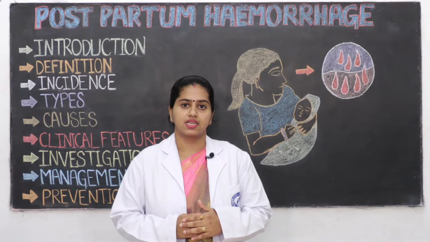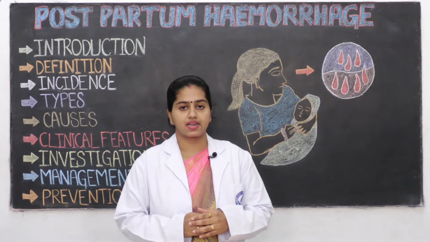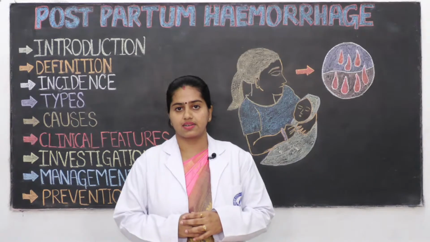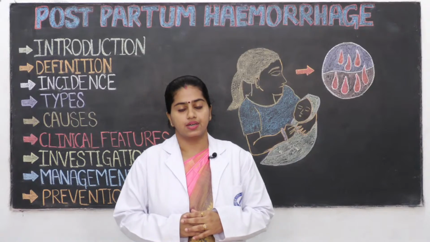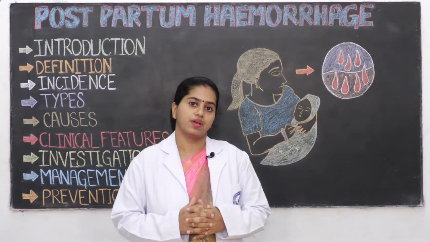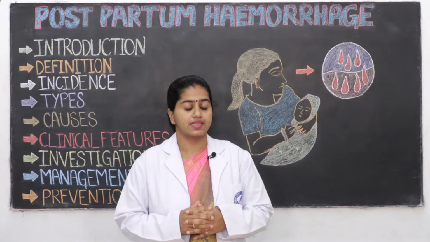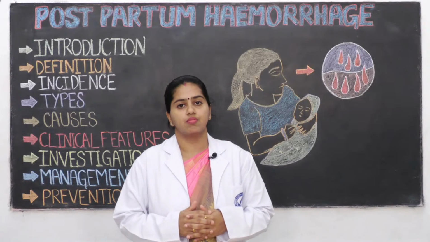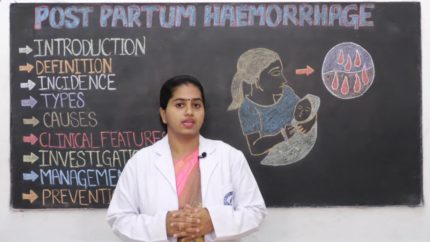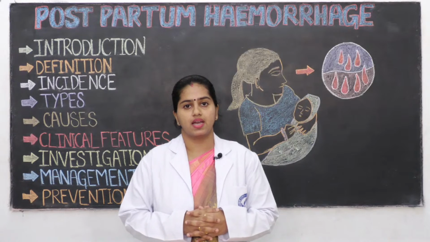Postpartum hemorrhage is the bleeding that happens from the genital tract or into the genital tract anytime after the delivery of the fetus till the puerperium period, and the general condition of the woman is deleteriously affected, such as increased pulse rate or dropping of the BP. So this we can tell as a postpartum hemorrhage.